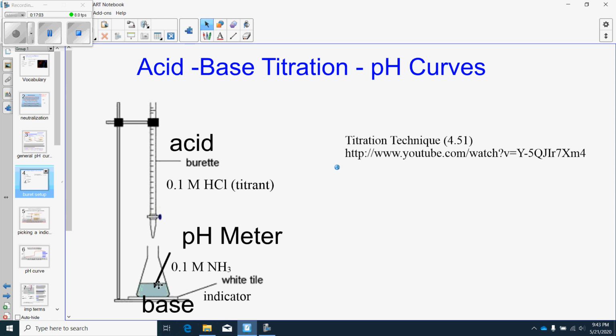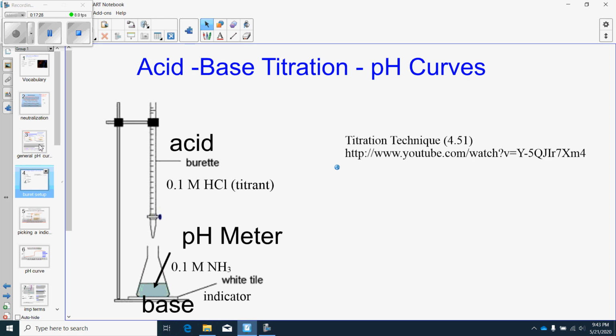The pH curve is just a graph that shows me this process. The process is called titration. It's a neutralization reaction. We're taking acid, we're adding it to a base, we're going to make water, and we're going to make a salt, which will be the anion and cation of your bases. It's a double replacement, not a net ionic reaction.